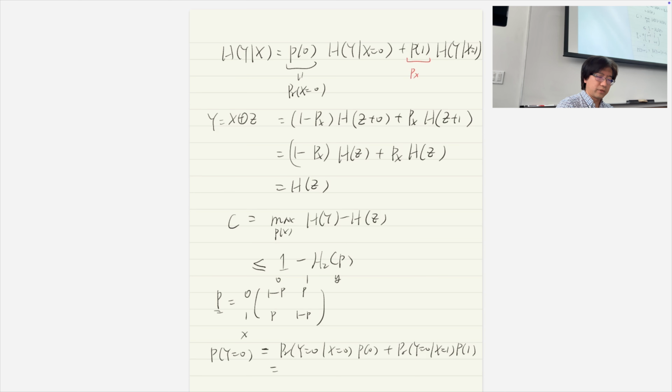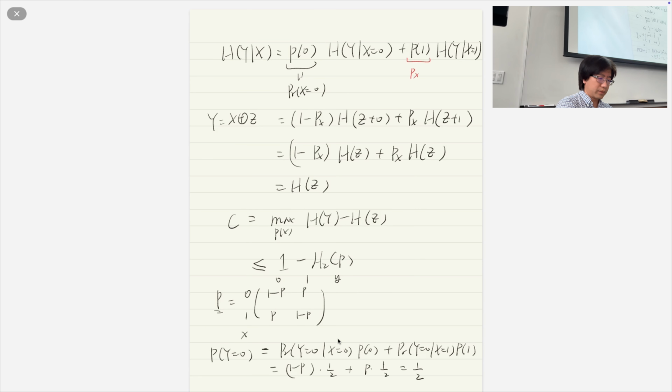The first term is 0 to 0, so it's 1 minus p times half, plus 1 to 0, which is p times half. What are they equal to? Half, since the p times half terms cancel.